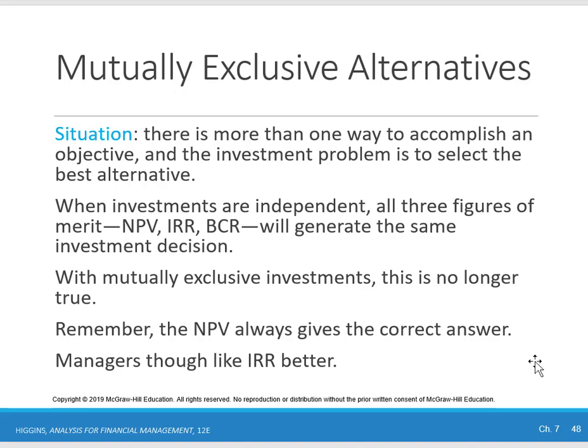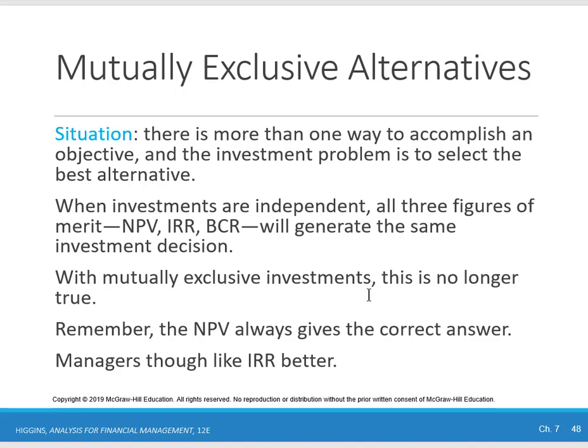So we have to rank them. When investments are independent, that is, they're all by themselves, it doesn't matter which technique you use, net present value, the internal rate of return, or the benefit cost ratio, they'll all give you the same answer. The challenge is, because of the differences in mathematics, they're not going to rank projects the same.